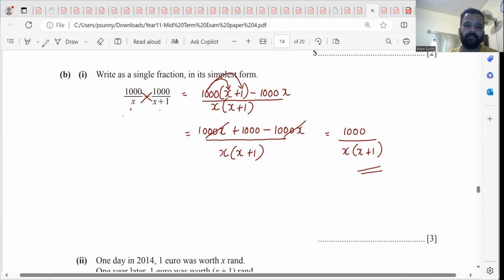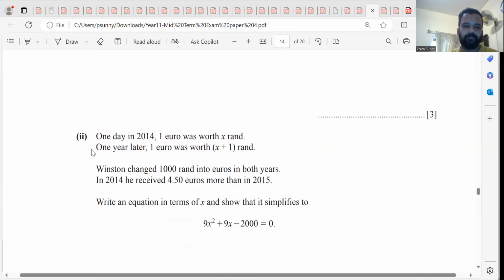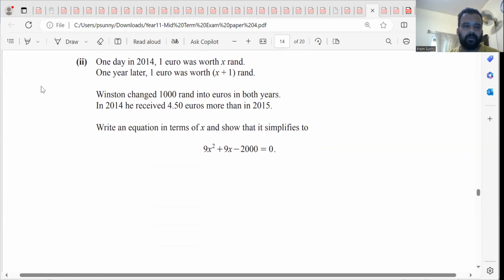Now, moving on to the second subdivision here. One day in 2014, €1 was worth X Rand. 1 year later, €1 was worth X plus 1 Rand.